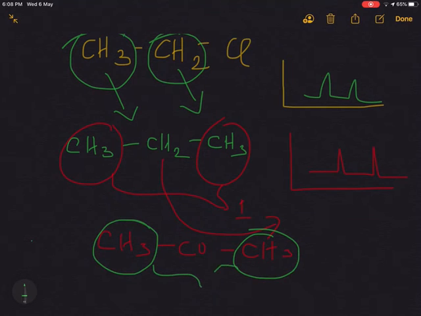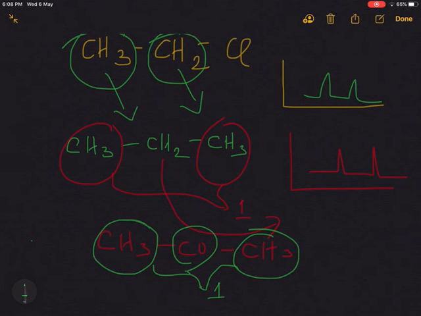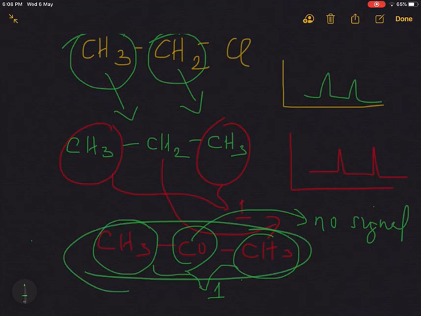Corresponding to 2 CH3 groups, we get only 1 peak, and that middle carbon doesn't possess any protons. Therefore, no signal for this CO group. So how many peaks in the NMR spectra of acetone? We get only 1 peak corresponding to the 2 CH3 groups.